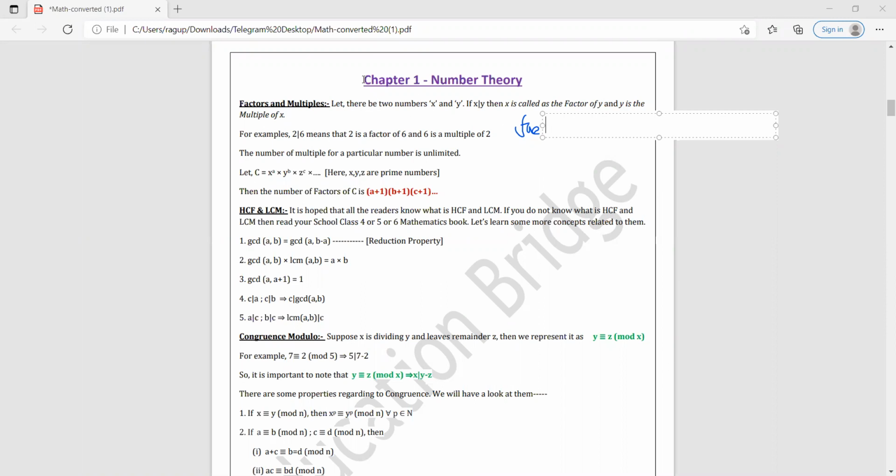So in factors and multiples terms, 2 is a factor of 6, and 6 will be a multiple of 2. So this is the basic definition.